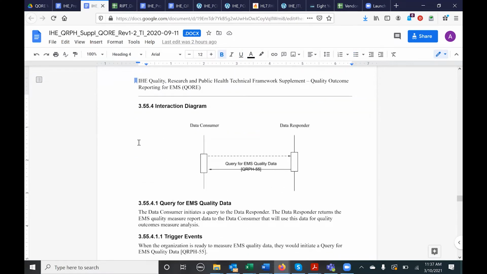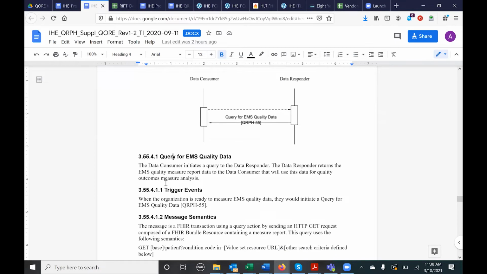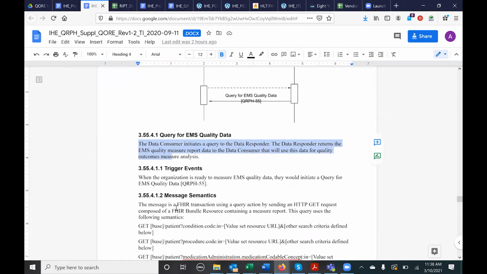And so we have our query, our trigger events for our query, and our message semantics for that query as well.